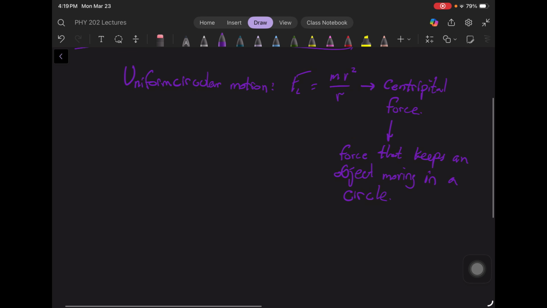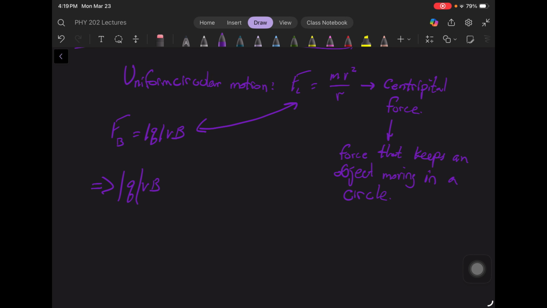But here, we're going to have F sub B is qvB if everything's perpendicular. And that's going to be our centripetal force. So what we can do is set these two equations equal to each other. And we get qvB.